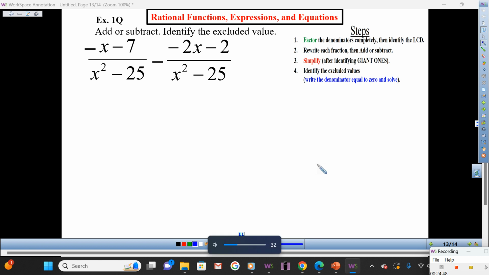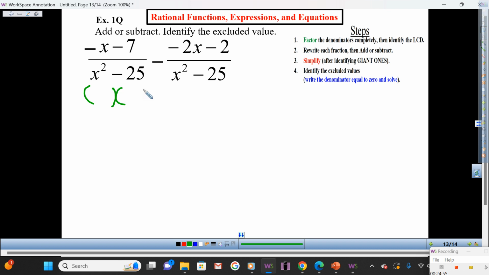All right. Let's see. First thing you did, Laura, what'd you do first? The x squared you square rooted? Yeah, and then you got what for each denominator? X minus 5, x plus 5 for denominators. Hands if you got that in any order?